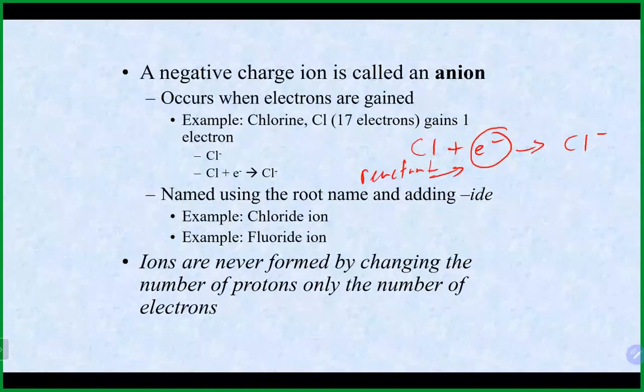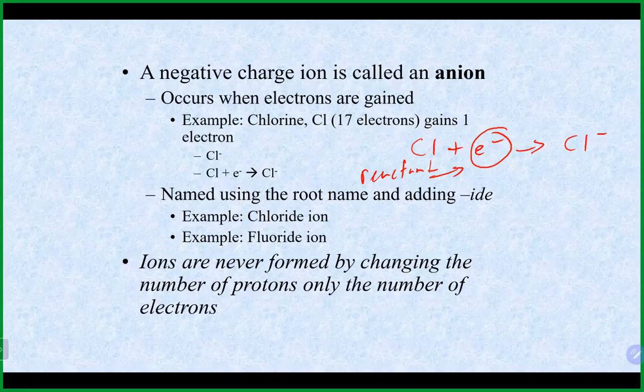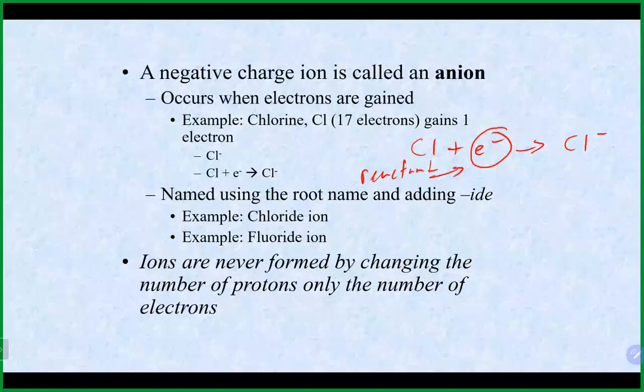So if we were to write an equation to represent it gaining an electron, it's on the reactant side like it's being added to it. And that would make our -1 charge there. Same thing if we had oxygen. So oxygen plus a couple of electrons will give us an oxygen with a -2 charge. So again, electrons would be on the reactant side here.